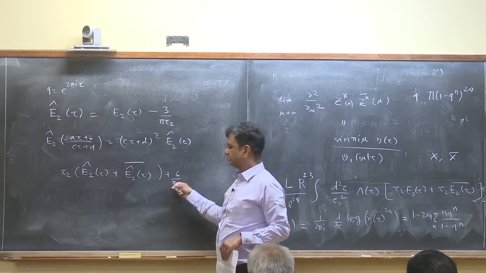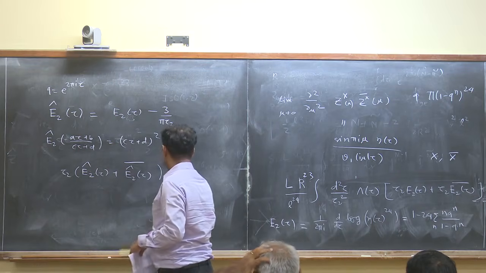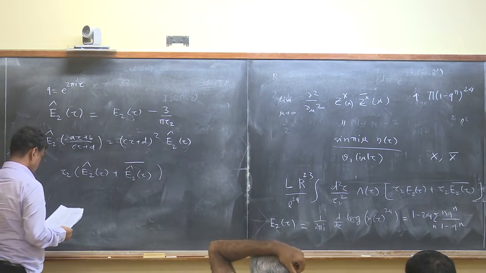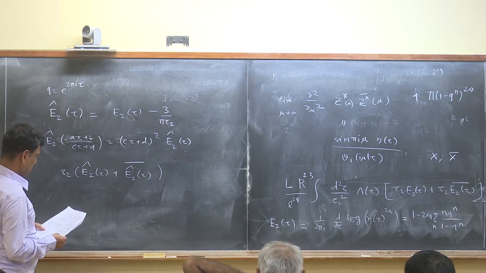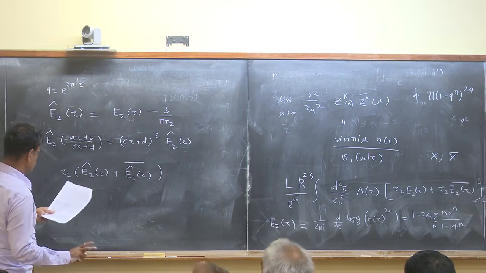This actually just renormalizes the cosmological constant, so this is not important, you can drop it. It's like a subleading correction to the cosmological constant, which is modular invariant, so we can drop it.